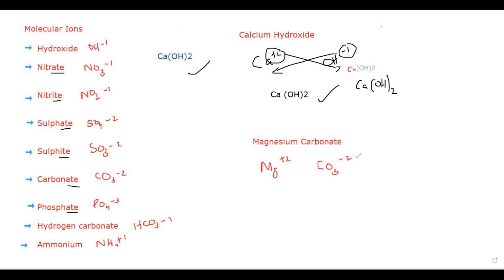So what is the formula of magnesium carbonate? Don't forget to simplify, because the first step after writing the valency is to simplify the valencies and then cross multiply. Carbonate is CO3.